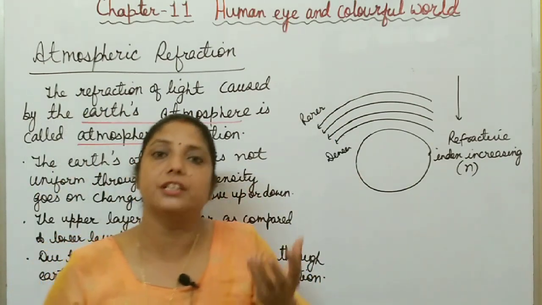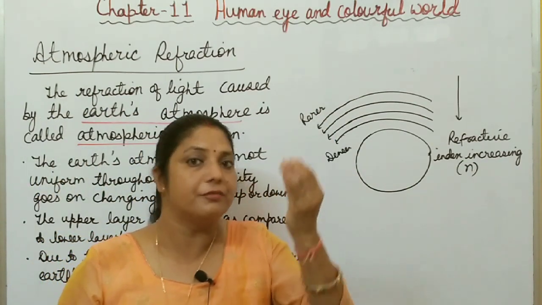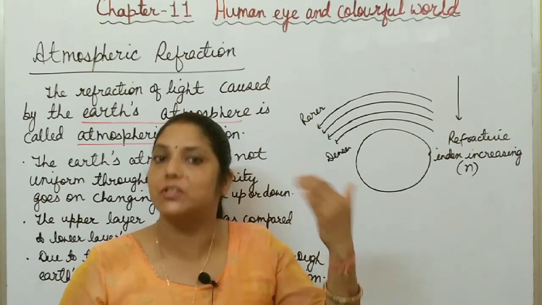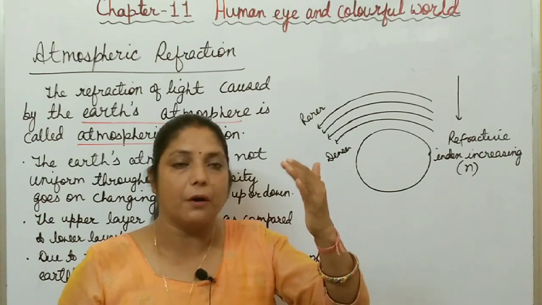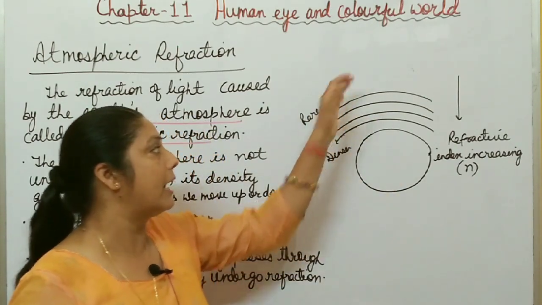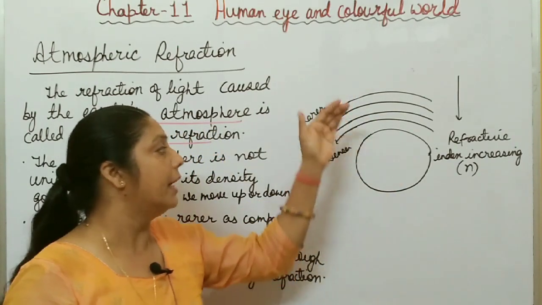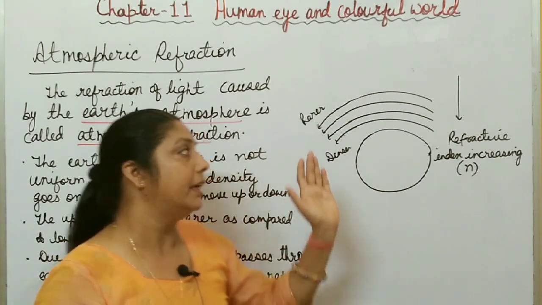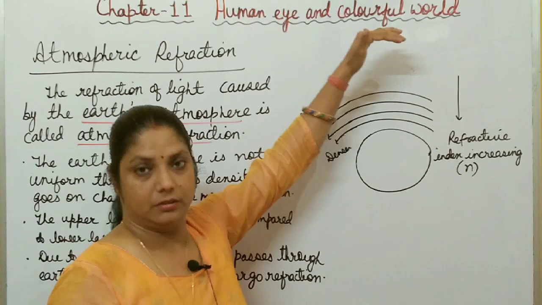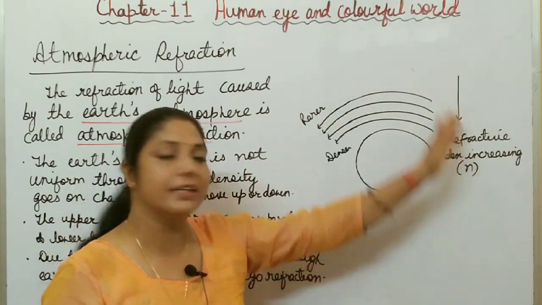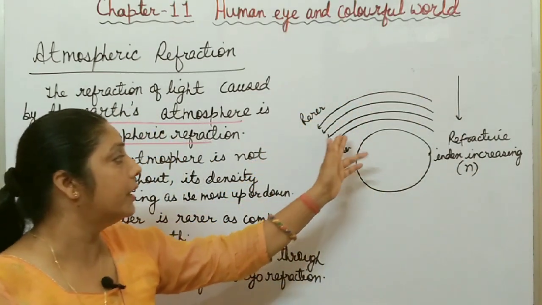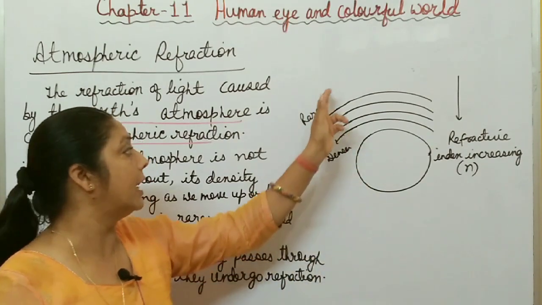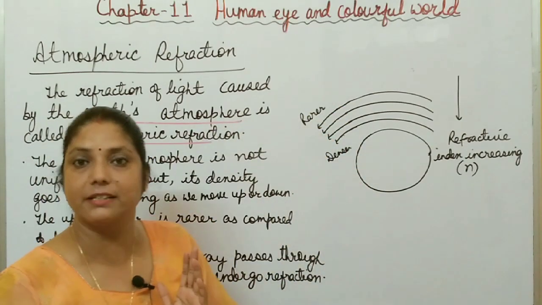And due to the change in density in different layers, its refractive index also changes. Top layer of the atmosphere acts as a rarer medium, and bottom layer of the atmosphere acts as a denser medium. It means when you move down, its refractive index increases, so the lower part of the atmosphere acts as a denser medium and the upper part acts as a rarer medium.